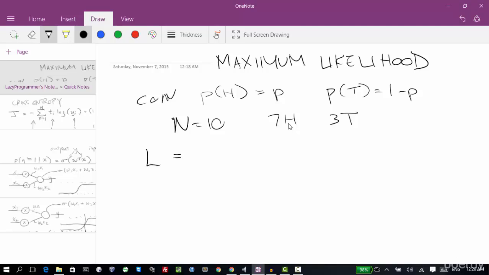If the probability of heads is P, it's P to the 7, and then the probability of tails is 1 minus P, 3 times. We can do this because each coin toss is independent, and so we can multiply each individual probability.